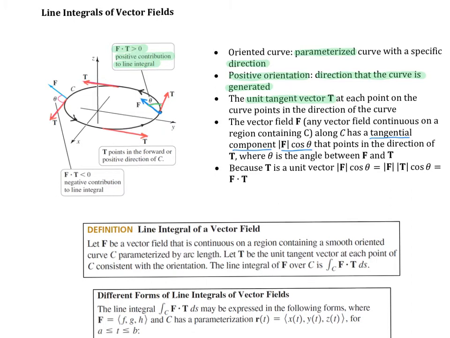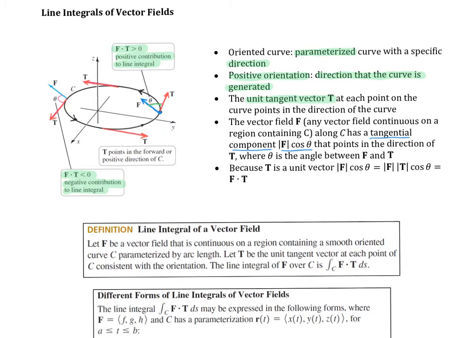So if at each point the dot product of the tangent vector to the curve with the vector in the vector field is positive, then the line integral will be positive in that instance. If the dot product is negative, then it's a negative contribution to the line integral.